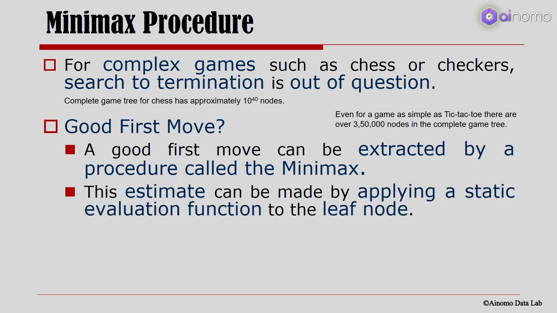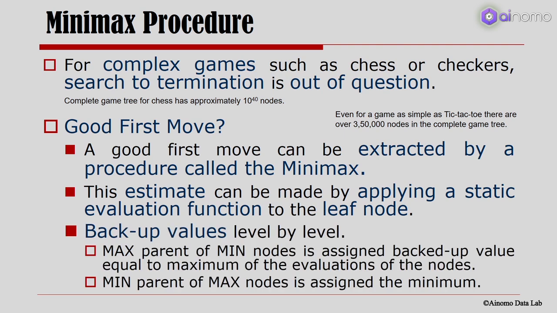This estimate is made by applying a static evaluation function to the leaf nodes, and then the values are backed up level by level. So we have the max parent of min nodes, and that parent is assigned a backed up value equal to the maximum of the evaluation of the nodes.